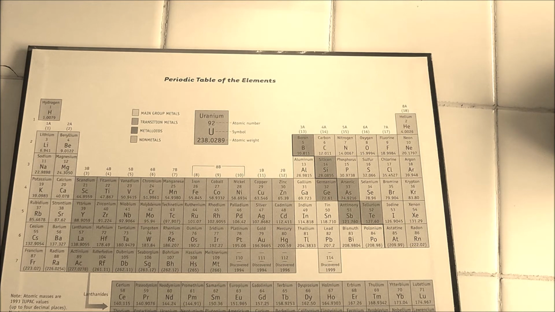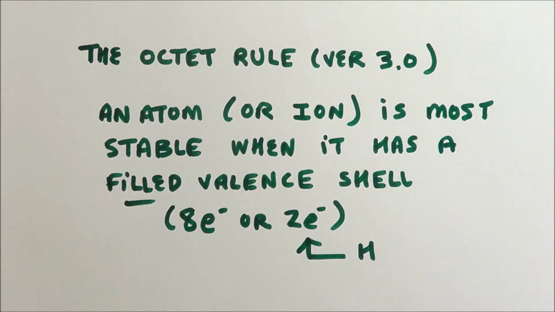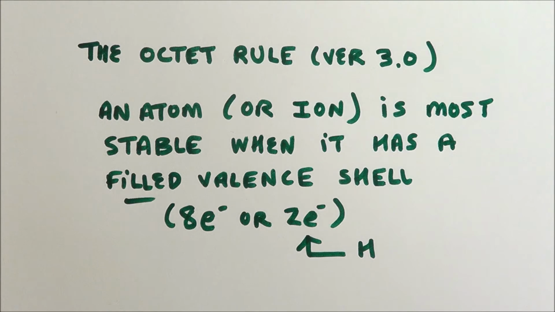There, folks, is a restatement of the octet rule in terms of valence electrons: an atom or ion is most stable when it has a filled valence shell, and that's where the word octet comes from. In most cases, if you ignore the first period, like hydrogen, everything is striving to have 8 valence electrons.